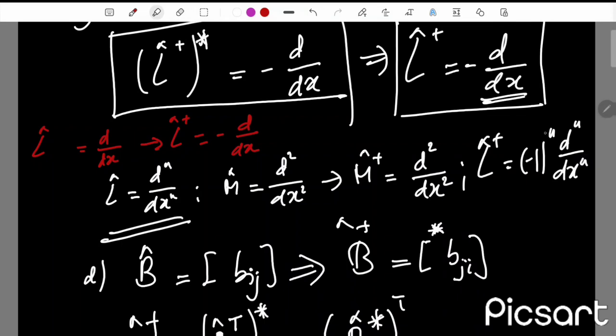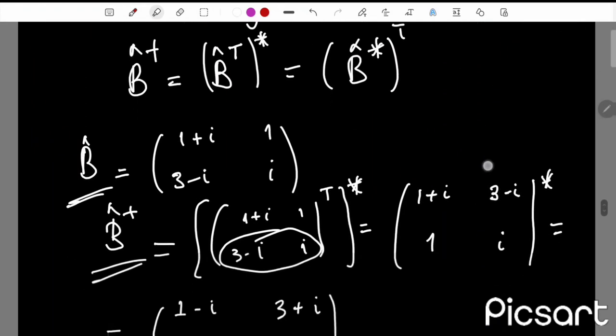So if n is equal to 0, we have only 1 here, and if n is equal to 1, we have L equal to this and we get its conjugate operator equal to this, and if n is equal to 2, we have this operator, and we get its conjugate operator equal to this, and we go on.